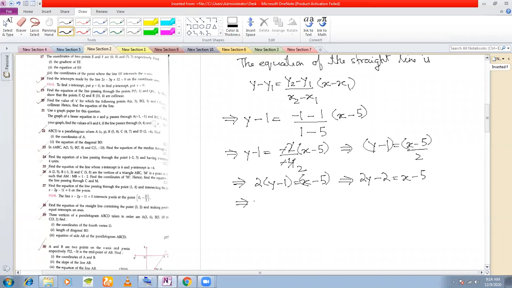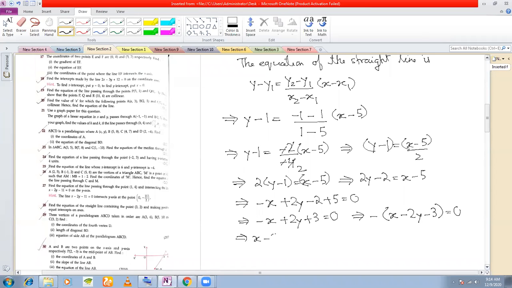Take everything to one side. This becomes minus x plus 2y minus 2 plus 5 equal to 0, which means minus x plus 2y plus 3 is equal to 0. You can take minus common: x minus 2y minus 3 is equal to 0. This is the required equation of the straight line, and that completes the first part of the question only.